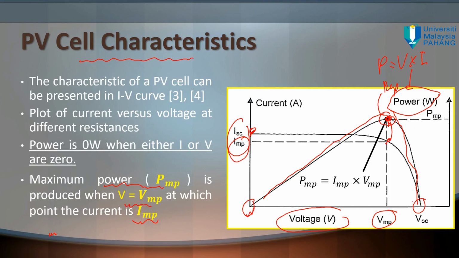It's not about VOC multiplied by ISC. That's a different thing, because VOC is at the time current is 0, and for the ISC at the time the V is 0, so it's not the maximum one. The maximum is where IMP is slightly lesser than ISC, and VMP is slightly lower than VOC. Totally depends on the device.